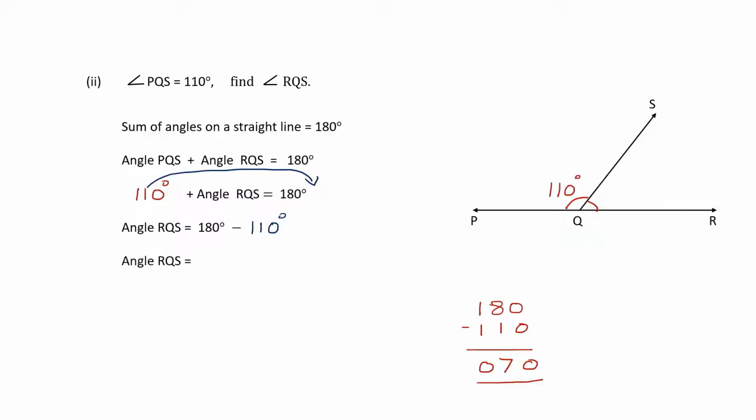So angle RQS is equal to 70 degrees. So let me write that down there, 70 degrees. You can check to see if your answer is correct. If both these angles are added, your answer should be equal to 180.